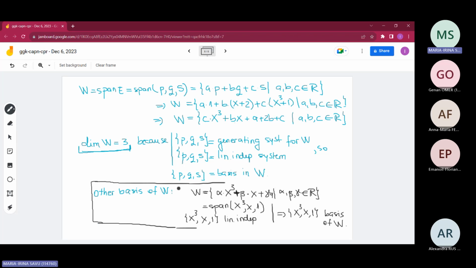Is it clear or no? We can see this observation like the basis. This was a basis in W from the first. Can you repeat, please? So we can denote with alpha, beta, and gamma from the start? Yes.